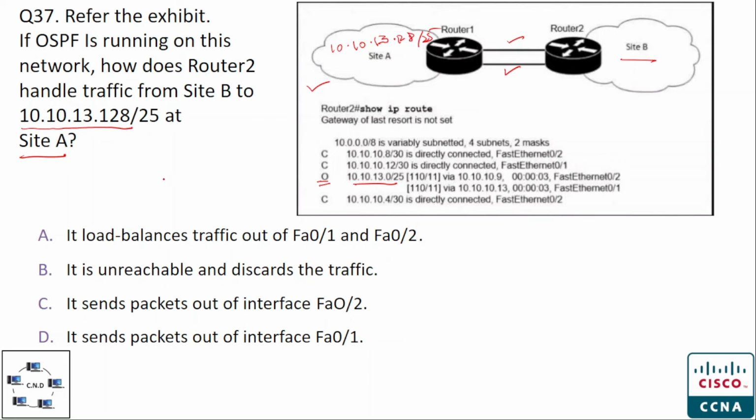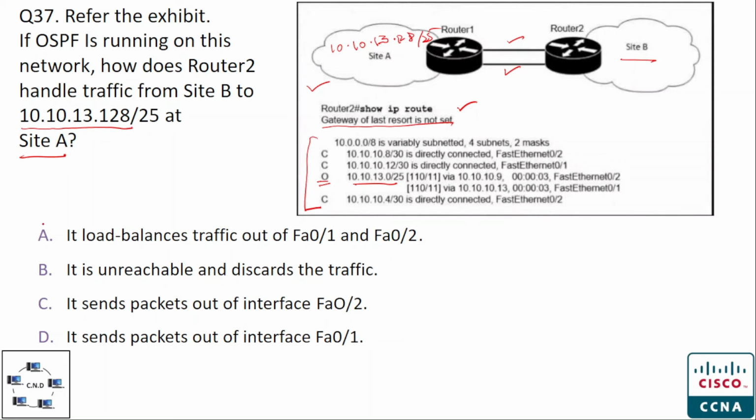So what would be the correct option when we have this routing table? Another hint is that the gateway of last resort is not set. These are the routes that are available on router 2.